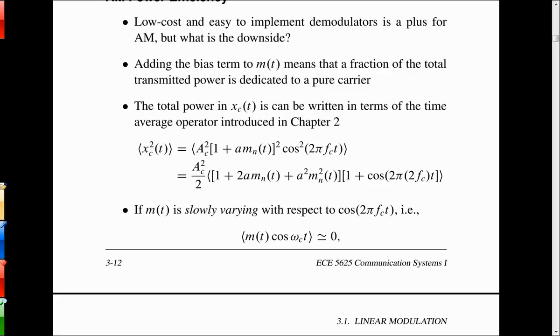So the way we get at that is using the time average operator. So we take the time average of xc squared, and that by definition of the time average operator is the power. So this is going to be P total.